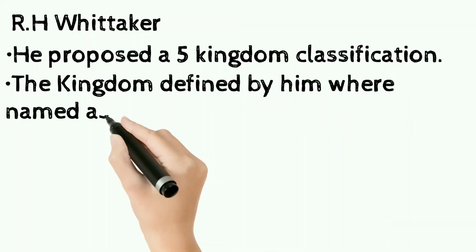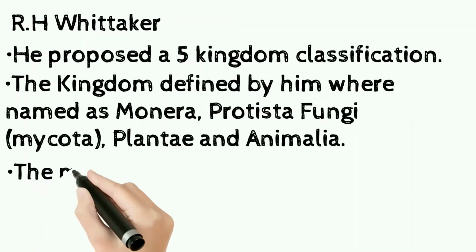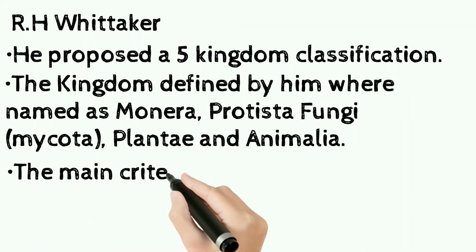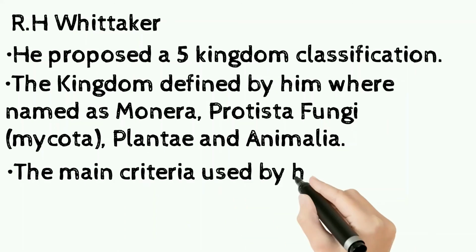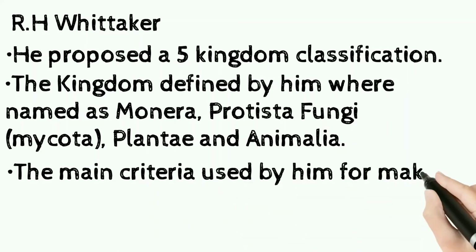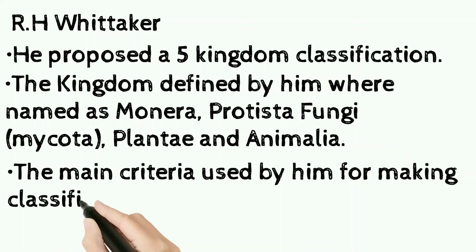He proposed the five kingdom classification, and the kingdoms defined by him were named Monera, Protista, Fungi, Plantae, and Animalia.